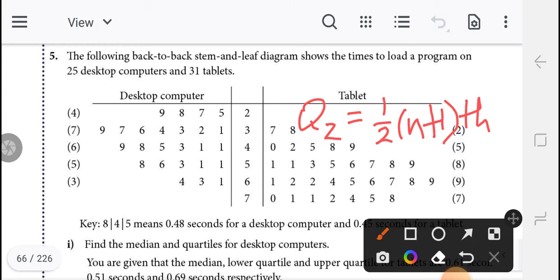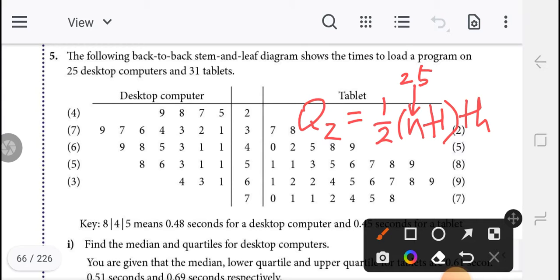Now we have 25, so our n is 25, because we have 25 desktop computers. So we are looking for the number that is in the position half of 25 plus 1, which is half of 26, which is 13. So we're looking at the number in the 13th position.